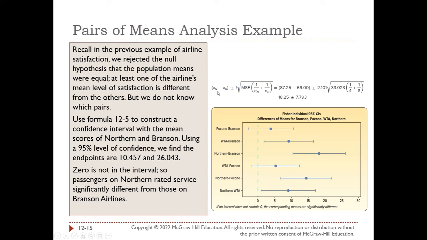So we're going to take again a sample of 1, which happened to be Northern, minus Branson, which is right here. Here's Northern Branson. So again, they go through all the information.